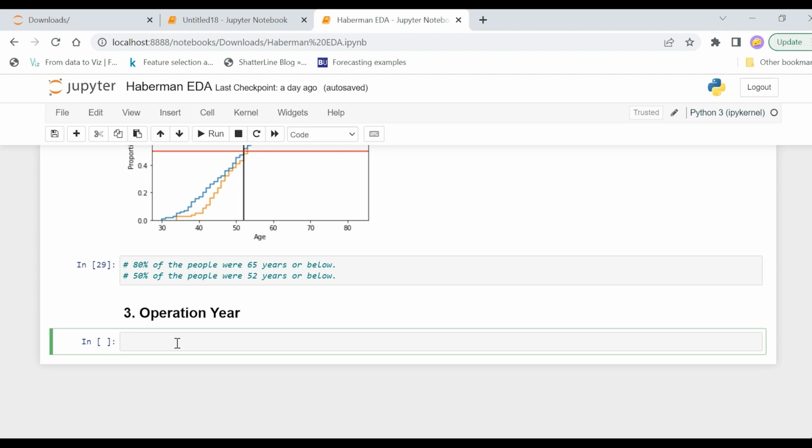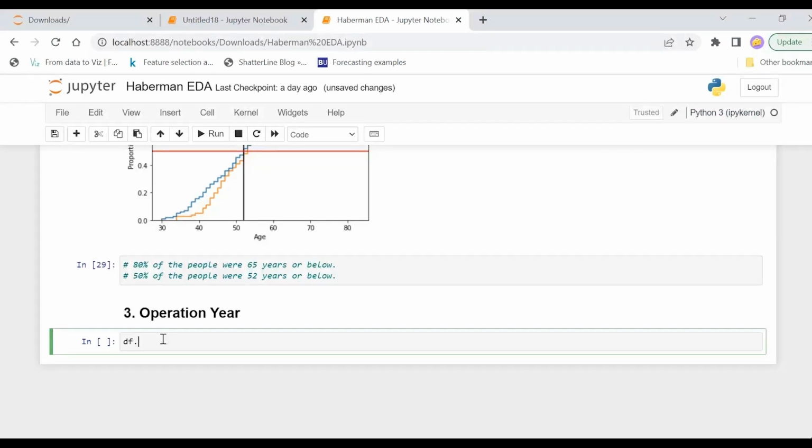At that particular time there might have been some things which led them to survive less than 5 years. There might be some changes in the hospital facility, or maybe the doctors were not very competent. Anything can be that. So you are not judging anything, you're just trying to analyze some patterns. So operation year is also important.